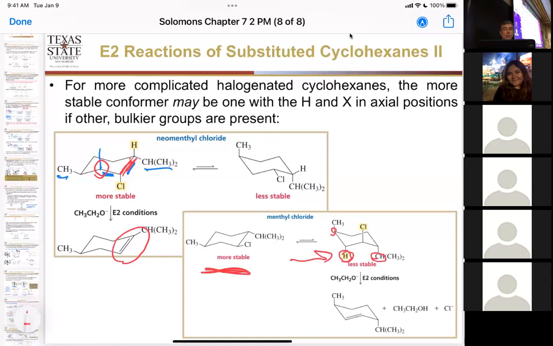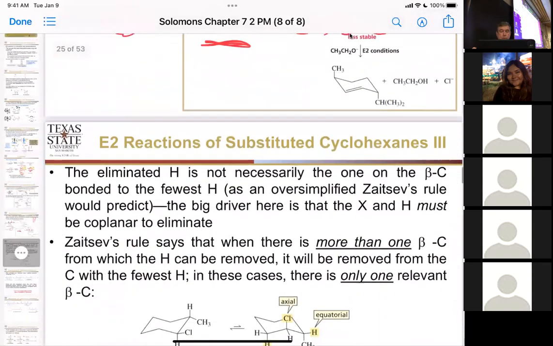So it has to use that, giving us our less substituted alkene. It's going to give us a di-substituted alkene. Okay, so lining that hydrogen and that chlorine up to get them antiperiplanar tells you which your product is going to be.